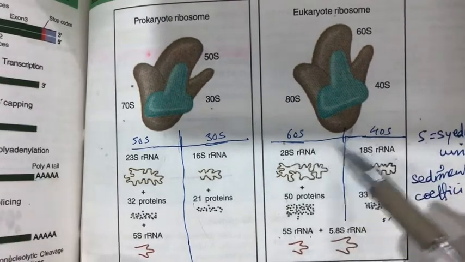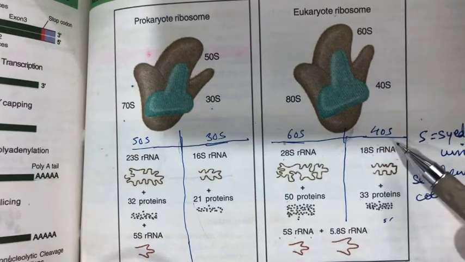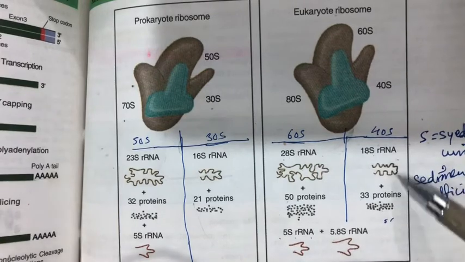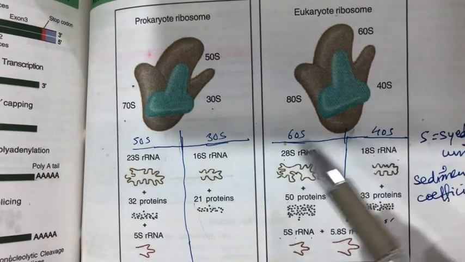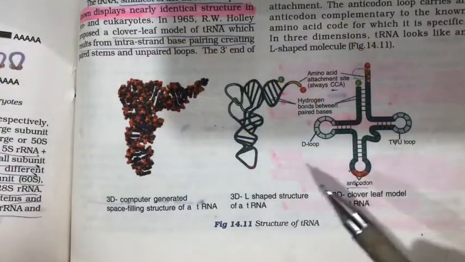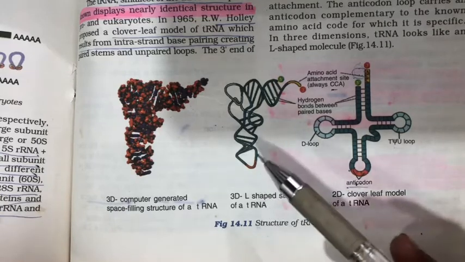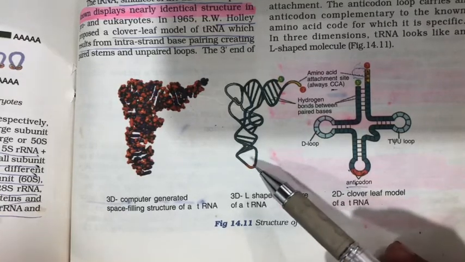So, the 2 types of ribosomes are further made up of larger and smaller subunits, each made up of rRNAs and proteins, and this will serve as the machinery for protein synthesis.